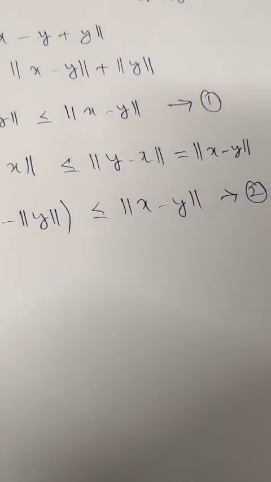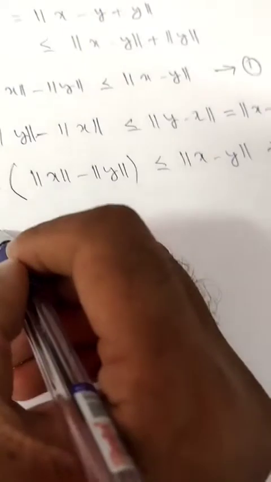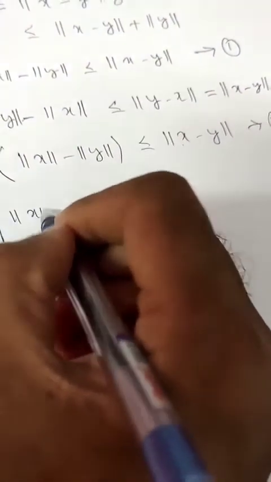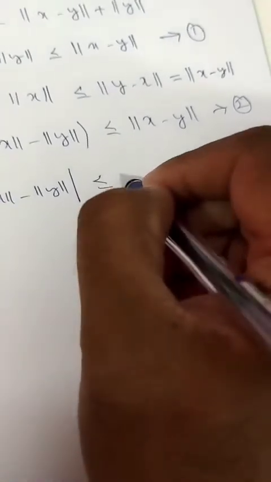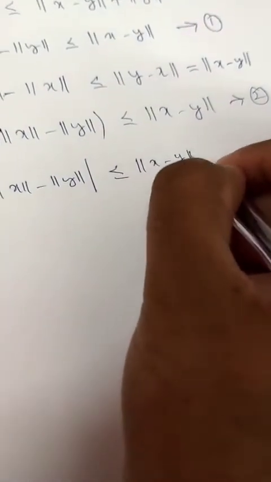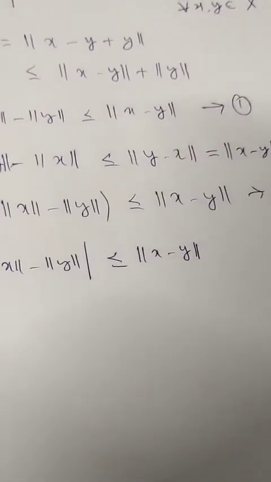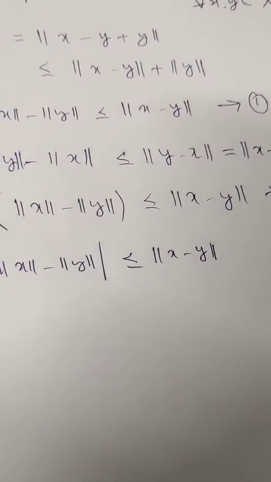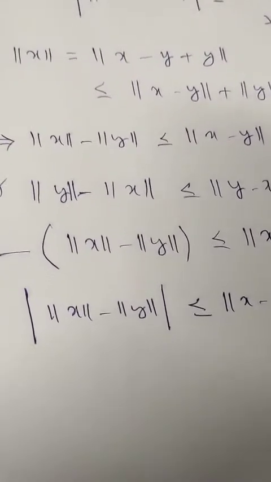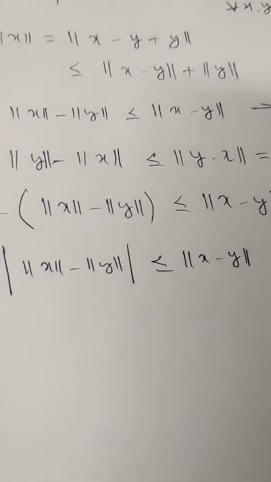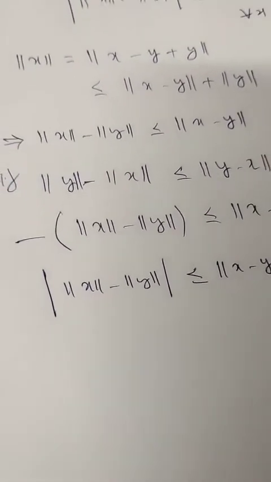You call this number 2. So from 1 and 2 we can see that the absolute value of norm of x minus norm of y is less than or equal to norm of x minus y. Okay. So this is one inequality that is very much needed to take up several examples in Banach spaces.